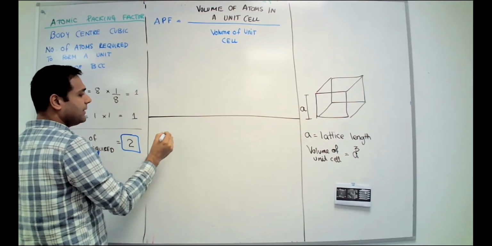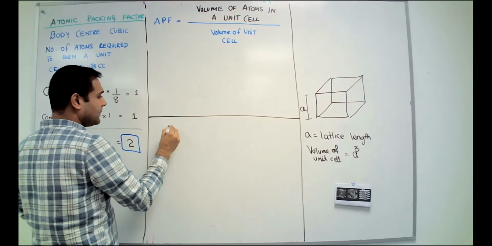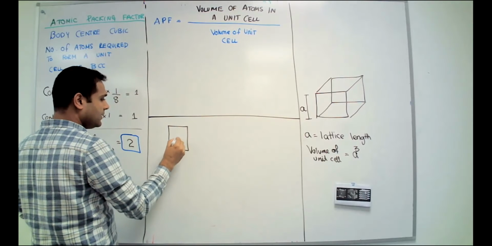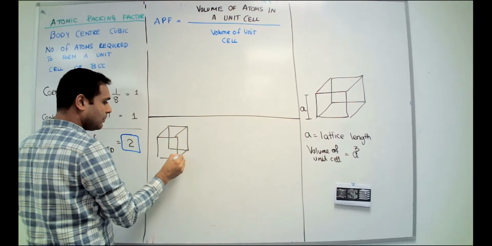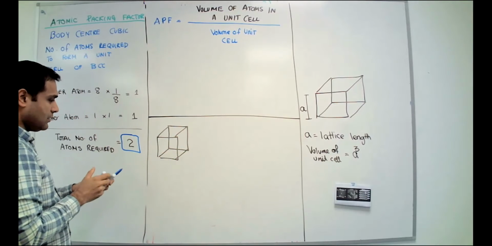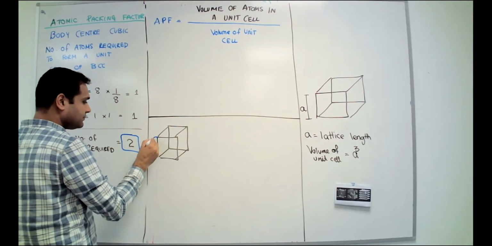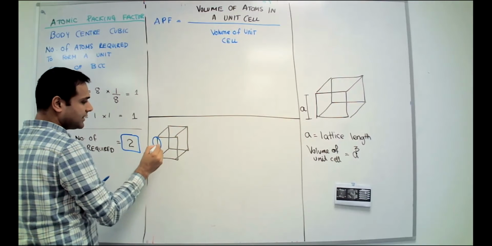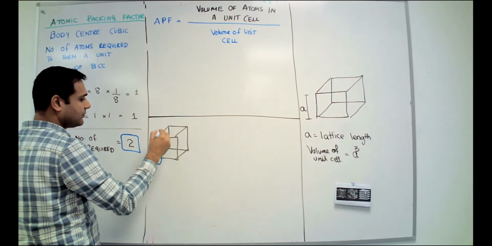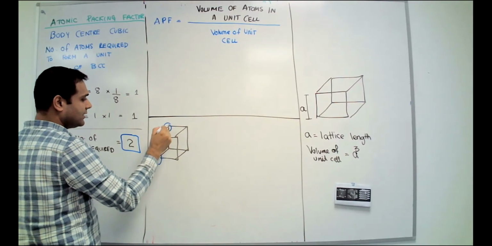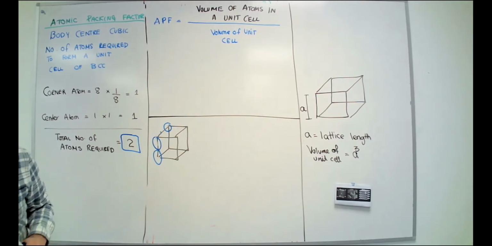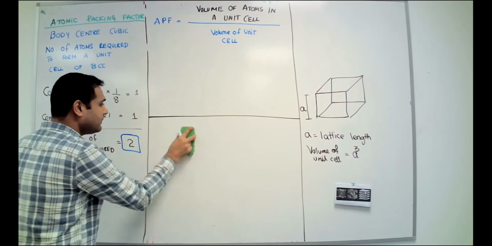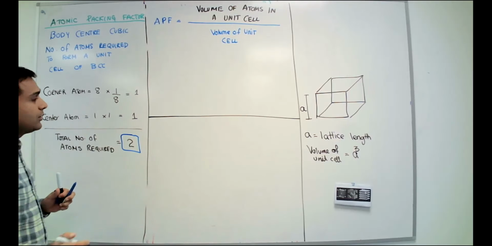So let's have a look at that bit. Let me draw the cube. It's not going to be a perfect cube, but you have an atom here, and an atom here, and another atom here. Let me redraw it.